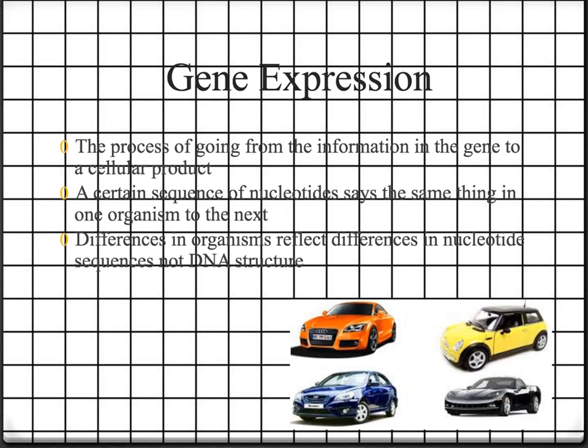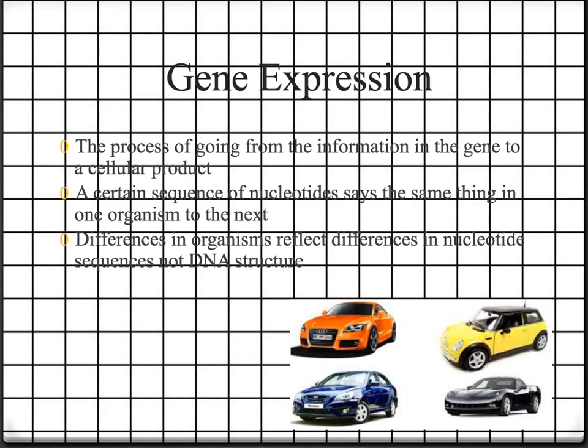And how do we get from that alphabet to what we look like? That's called gene expression. So gene expression is when the cell takes the information that's inside that gene, that A, T, G, C, in whatever combination, and it uses it to make certain things.